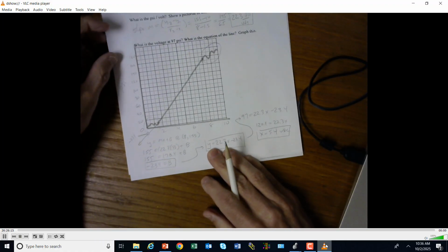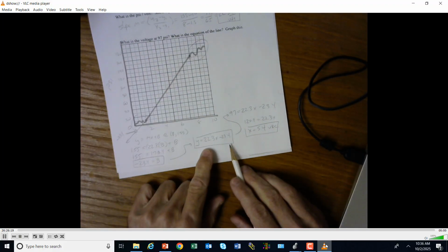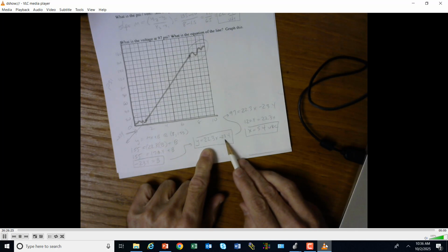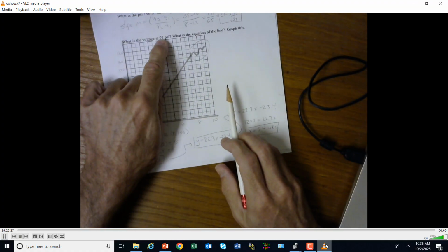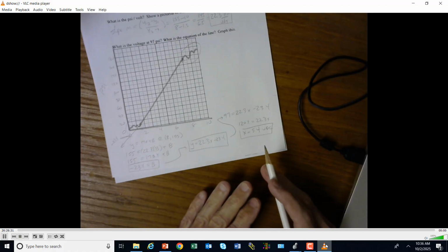So it says, what is the voltage at 97 PSI? Well, we've got the equation of our line right here. Y equals 22.3x minus 23.4, and it wants 97 PSI, which is our y. So we're just going to backwards solve this.